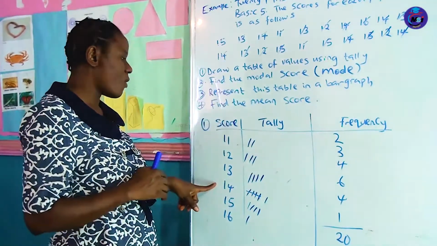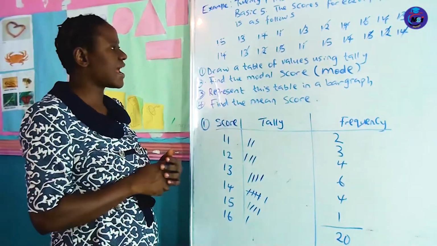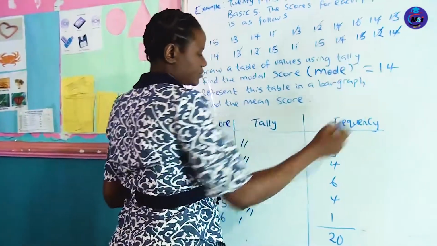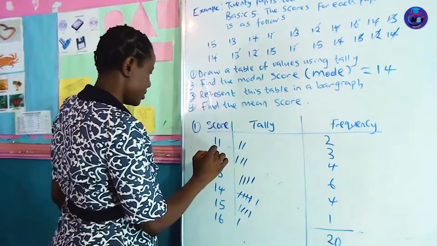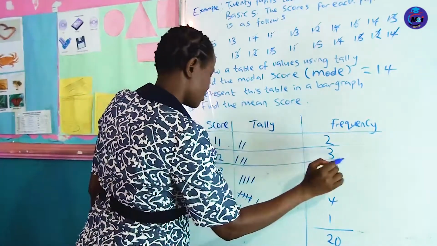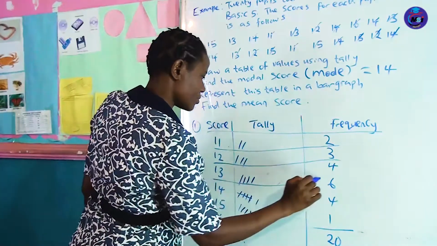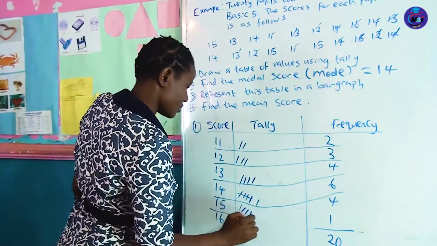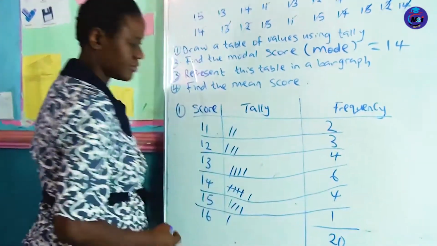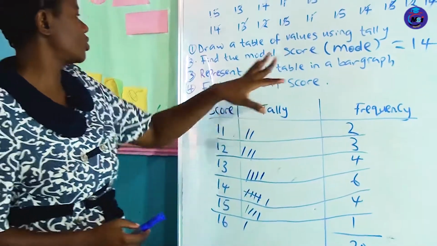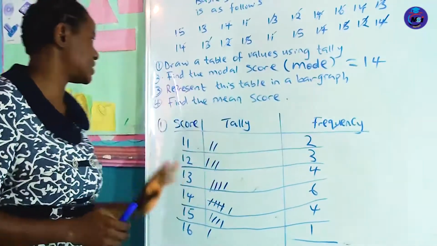So the highest occurring number here is 14. So the modal score is 14.